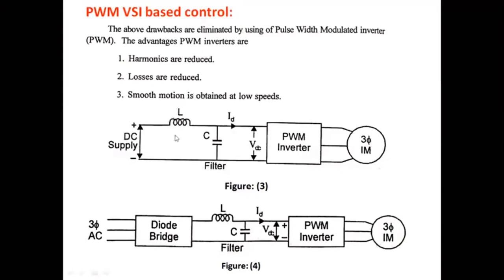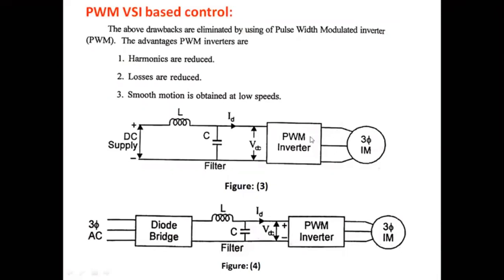This filter removes the ripples in the DC supply, and this ripple-free DC supply I connect to the input of the inverter. This is a fixed DC again, and now it is converted into variable AC with variable voltage and variable frequency.